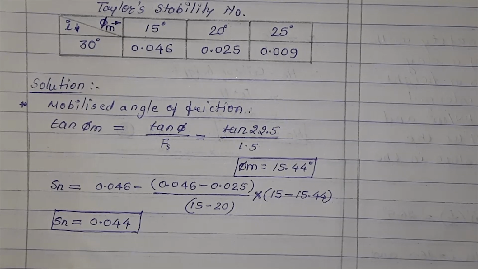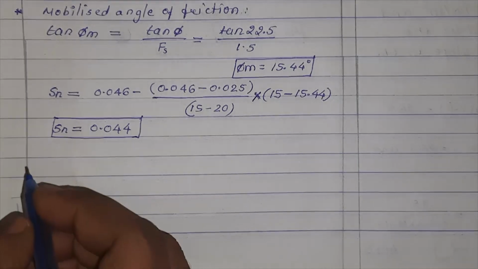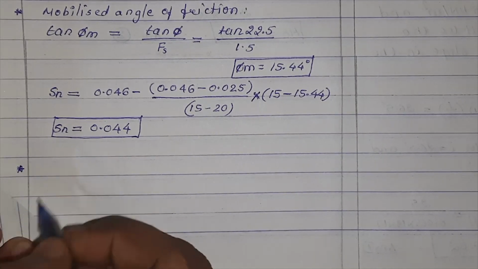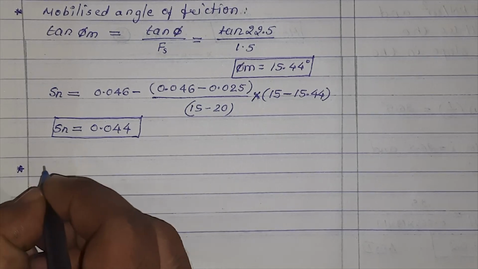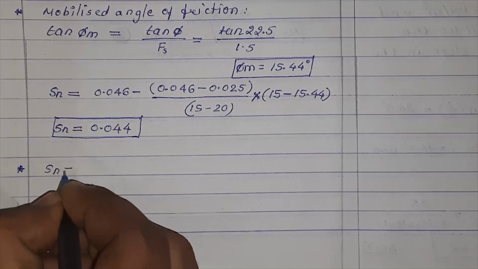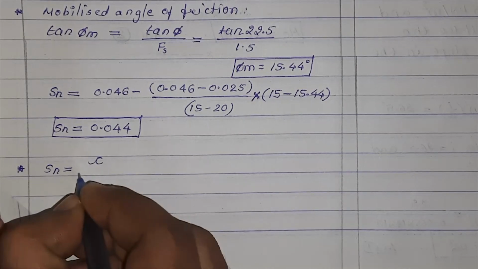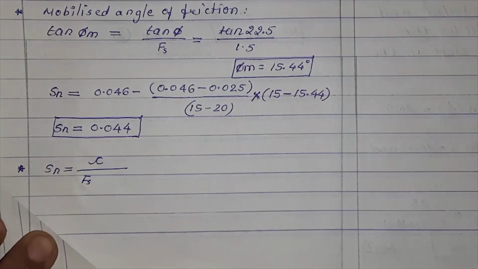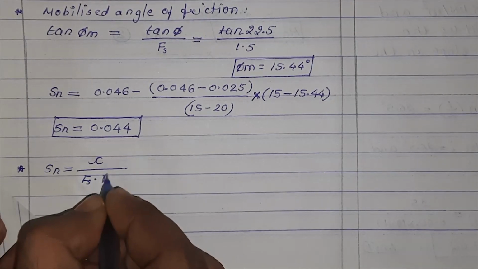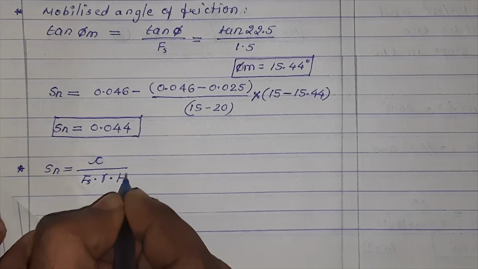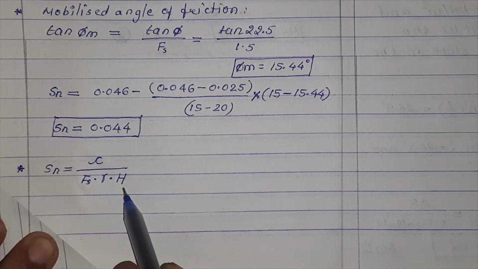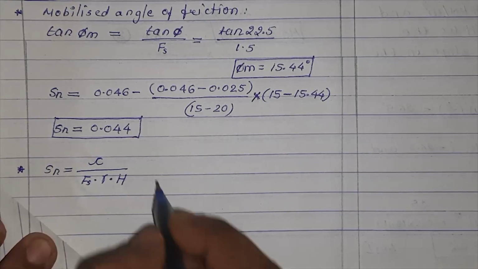Thereafter, we want to find out the safe height for the slope. To determine safe height of the slope, we have to use expression for stability number. Sn is equal to C divided by factor of safety multiplied by gamma multiplied by h. This h is going to be the safe height for the slope. Rearrange the terms.